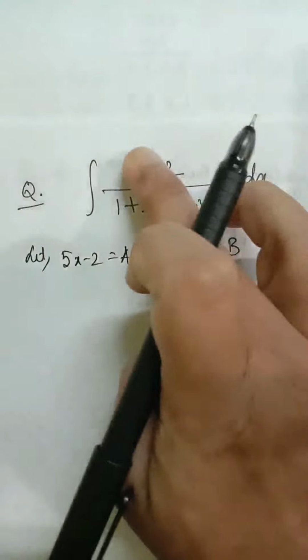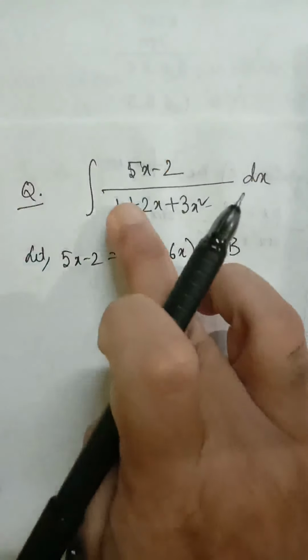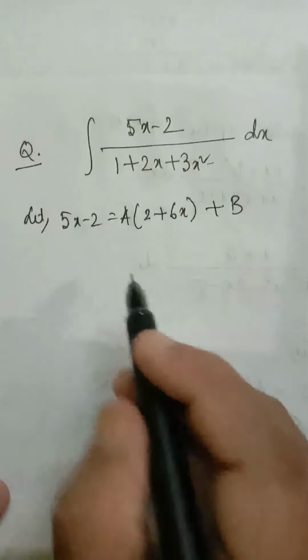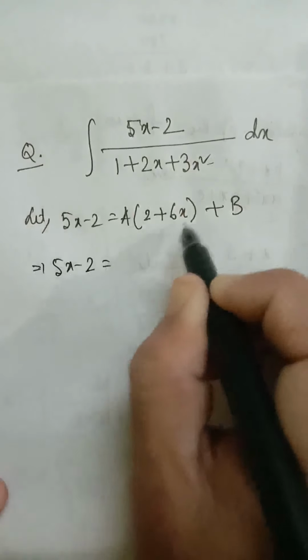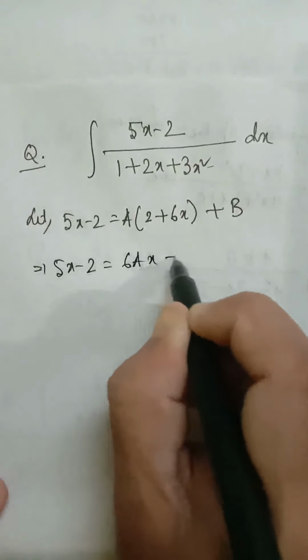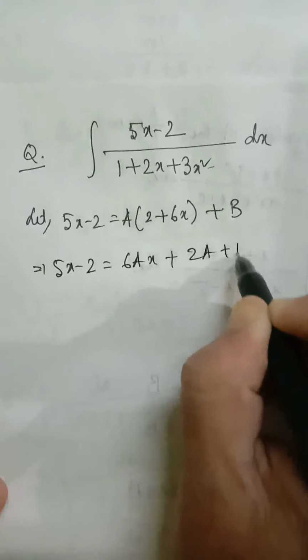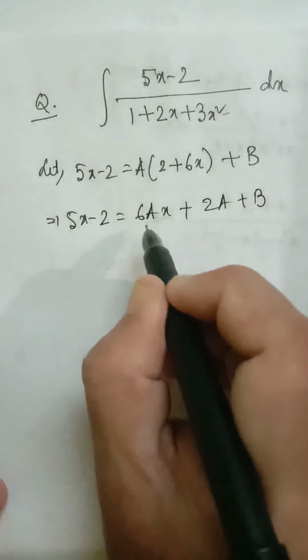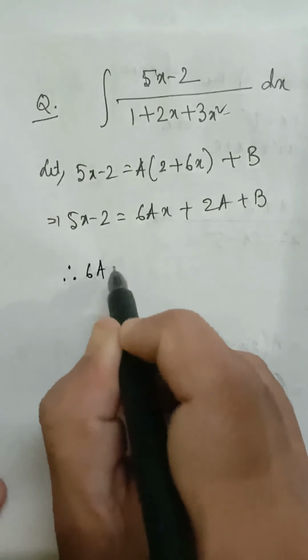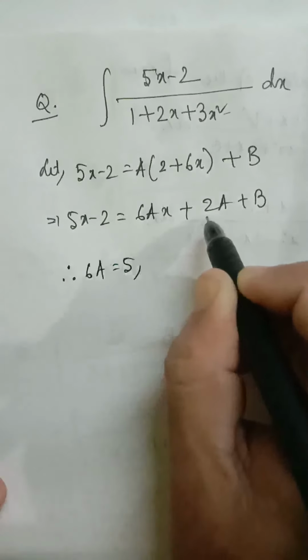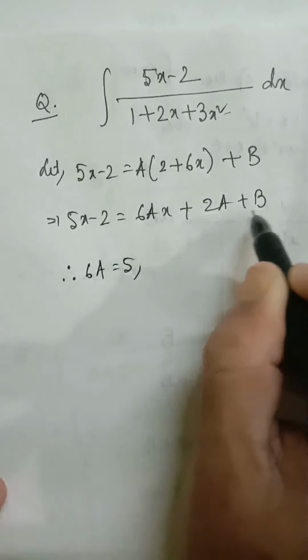We will express the numerator in the form a times the derivative of the denominator plus b. Now 5x − 2 equals 6ax + 2a + b. If we compare, we get 6a = 5 and 2a + b = −2.